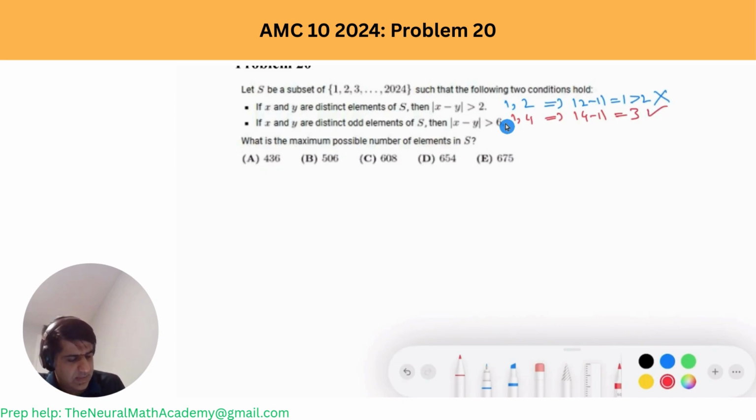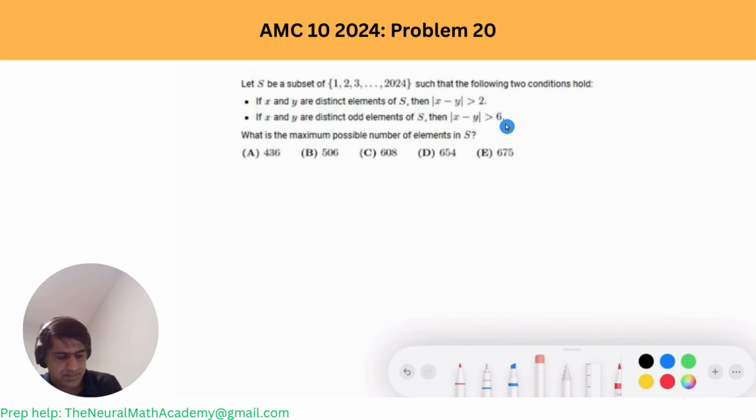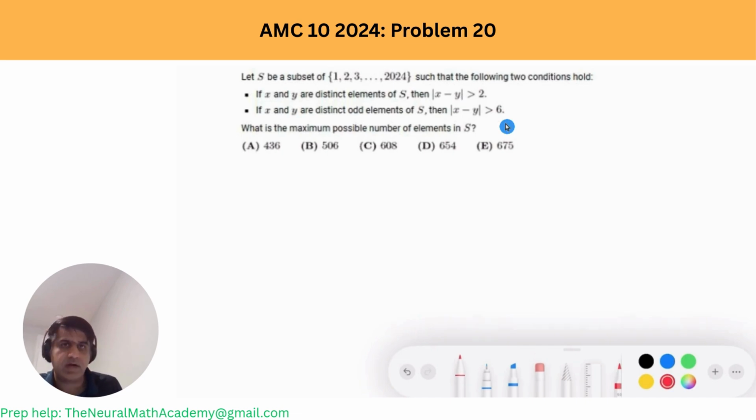Now similarly, let's check for x minus y where we have distinct odd elements. Let's say I take 1 as an odd element and I take 5, it will not satisfy this condition, right? Because the difference is 4. So I will need a greater odd number to have a difference of greater than 6.